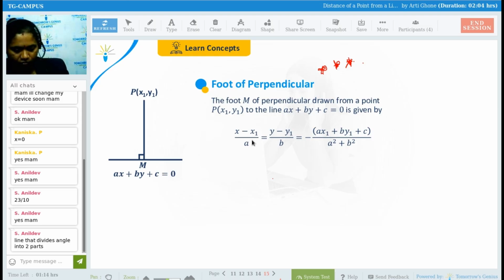Observe this slide and tell me. What do you understand from this geometry? No one?